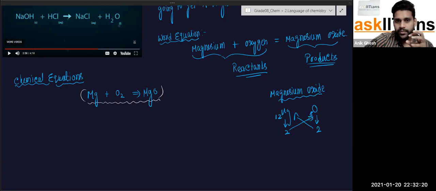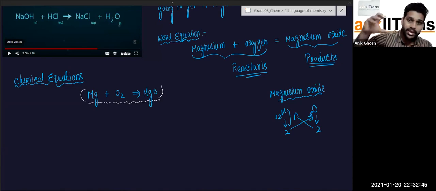So you can see the crisscross method of formula writing over here. There is a formula written like Ca2+ and N3-. How to understand that? Calcium is atomic number 20. 20 means 2, 8, 8, 2 in the K, L, M, N shells. The last shell, the valence shell, contains 2 electrons. So it would give up those 2 electrons to become 2, 8, 8.